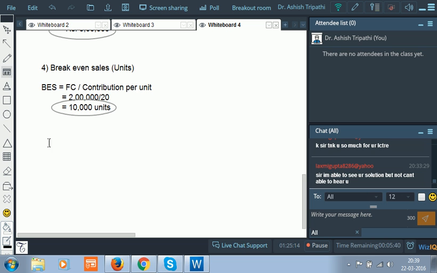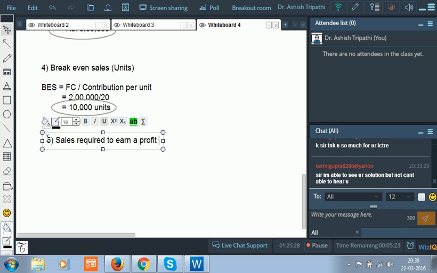What is the next thing which we'll have to calculate is point number 5th. Sales required to earn a profit of rupees 4 lakhs. So we want expected sales.